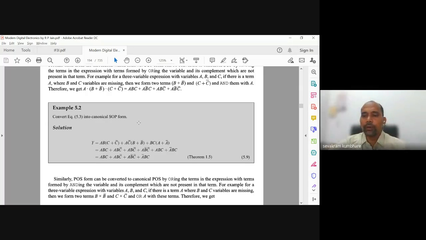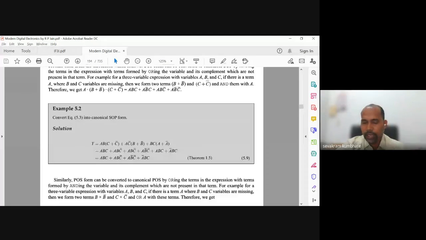Okay, so canonical SOP form means you have to represent the given expression into multiple minterms. Now minterm and max term we have seen. So let me show you minterm and max term that we have covered in the previous lecture also, so that it will be easier for you.